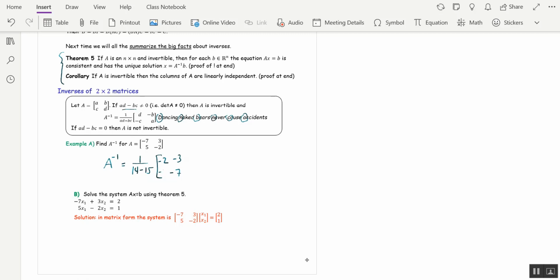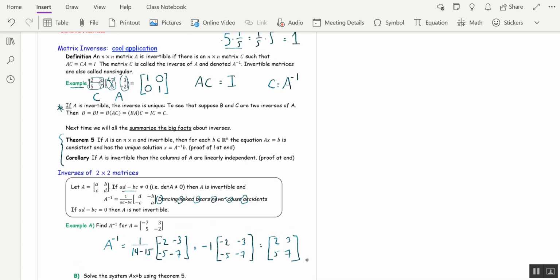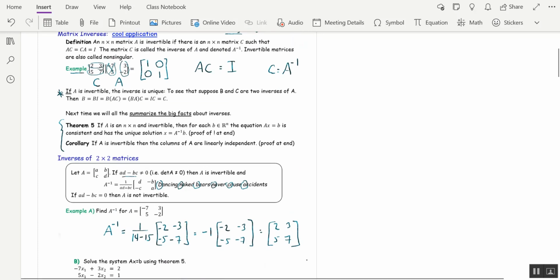Negative 3, negative 5. That's 1 over negative 1, which is negative 1. And then negative 2, negative 3, negative 5, negative 7. That's 2, 3, 5, 7. And indeed, that's the matrix that we called C above. So C is A inverse.